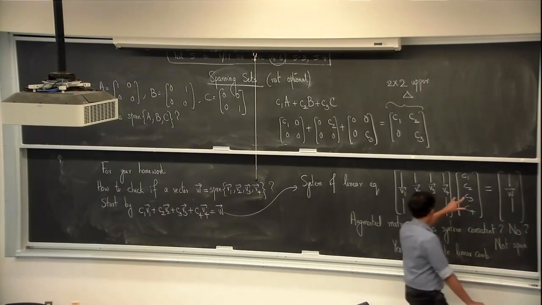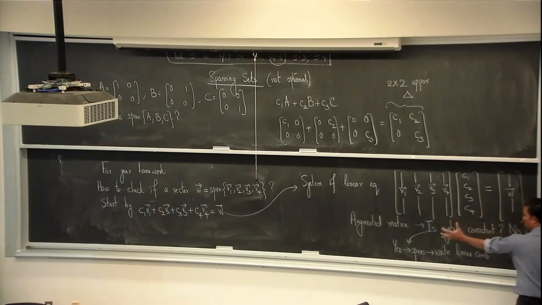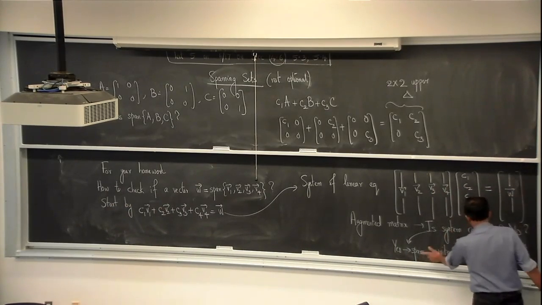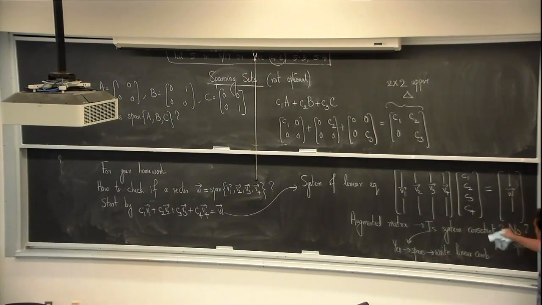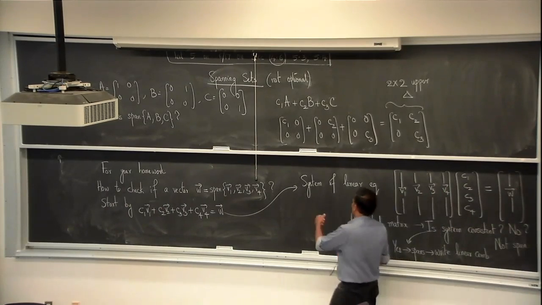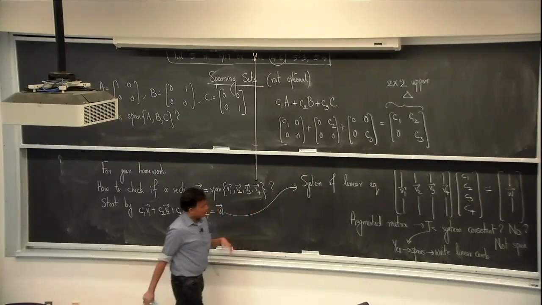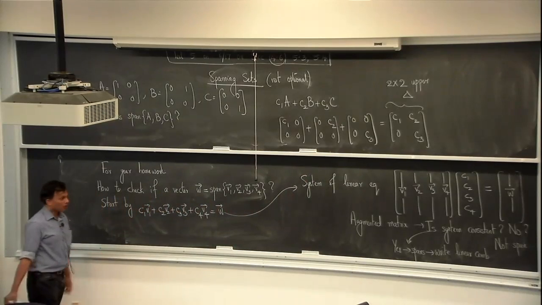So set up the system, write the augmented matrix, do the Gaussian elimination. If it is inconsistent, don't worry, that's how it is. But if it is consistent, then you have to solve for C1, C2, C3, C4 and write it. All right, so that is the algorithm for span questions.